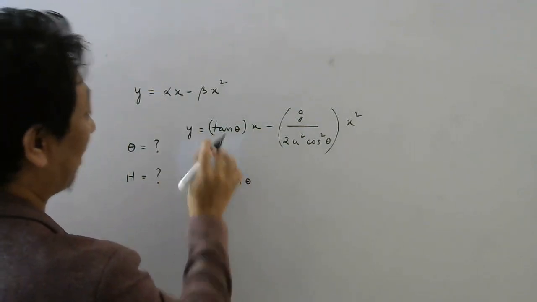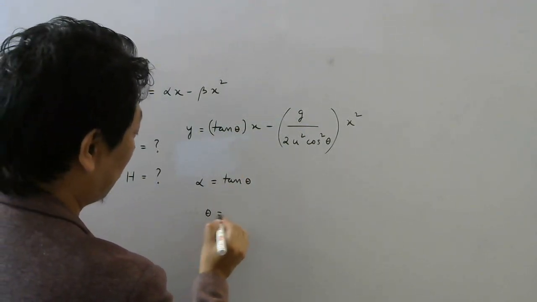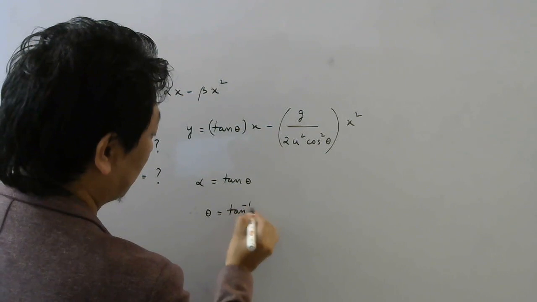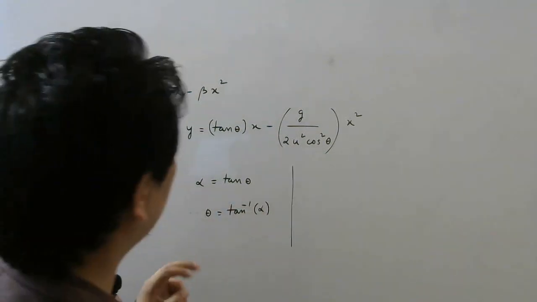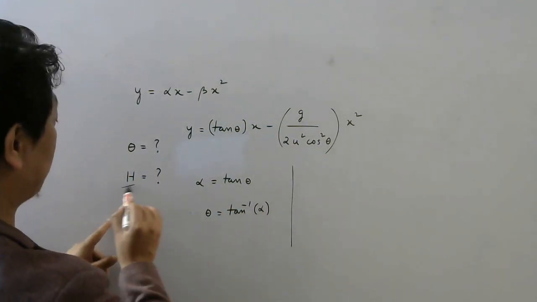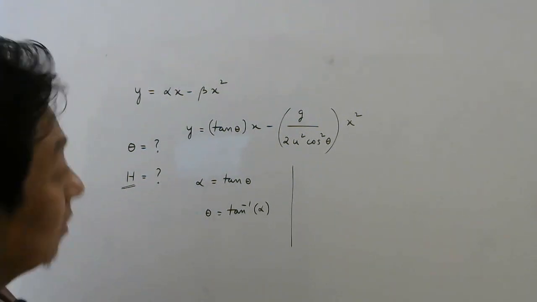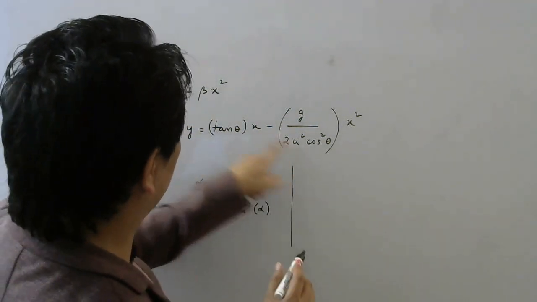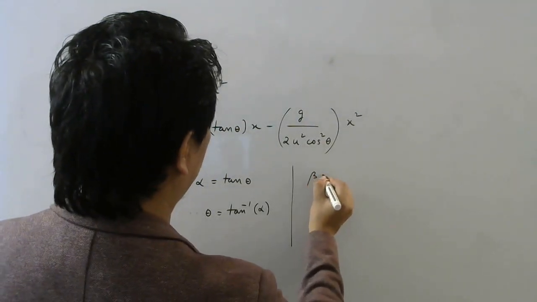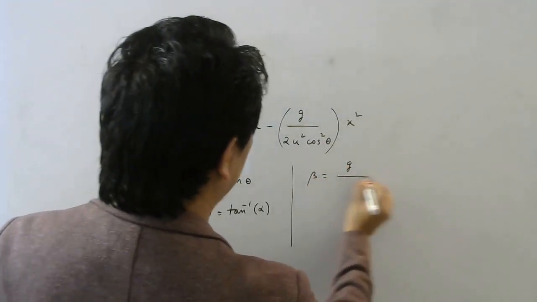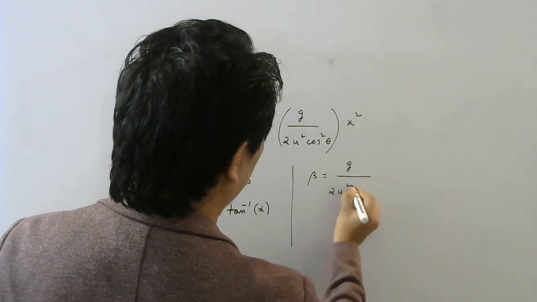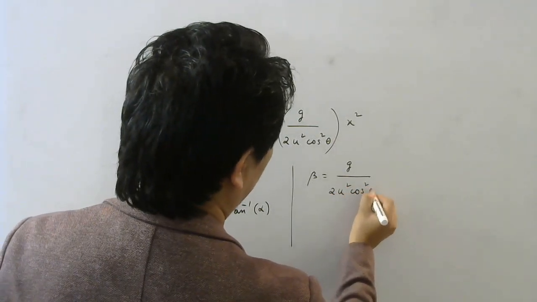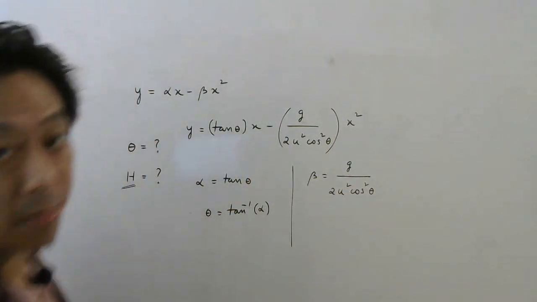This alpha should be tan theta. So therefore theta will be what? Tan inverse alpha. We need to now find this maximum height. Okay. Now one way you can do is, if you compare these two, then you can see beta will be equal to g divided by 2u square cos square theta, right?